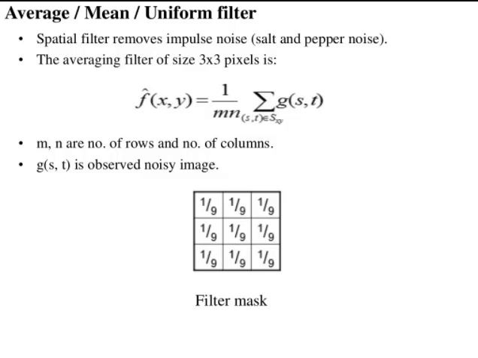Now let's see the filters one by one. First we will see the average, mean or uniform filter. It is a filter of 3 by 3 pixels, which is generalized by the function f of x comma y is equal to 1 upon mn summation of g of s t. Here g of s t is the observed noisy image, and f cap of x y is the averaging filter.